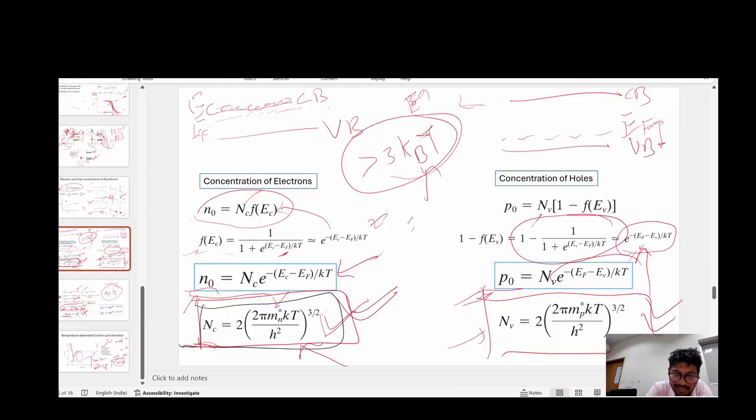And this is the direct relation: Mn star raised to the power 3 by 2, and Mp star or Mh star, whatever you denote for the holes, raised to 3 by 2. So this is for the valence band, and this is for the conduction band. The relation is the effective mass raised to the power 3 by 2. That's what I want to convey.